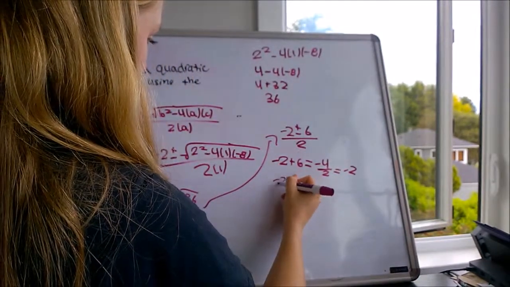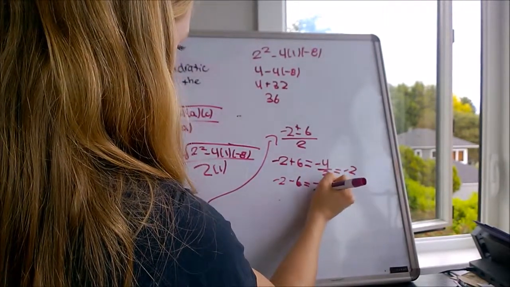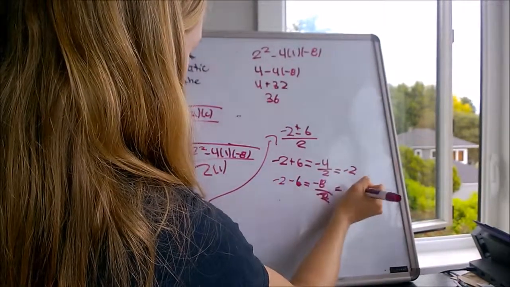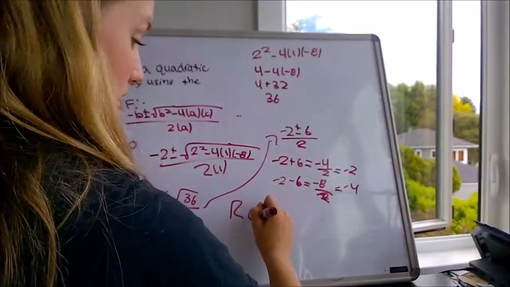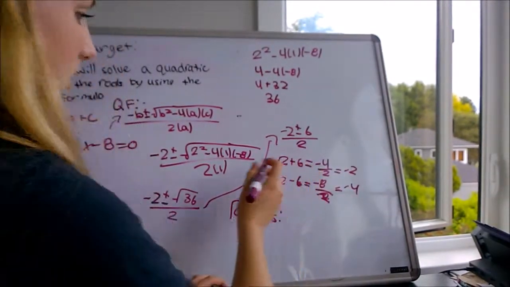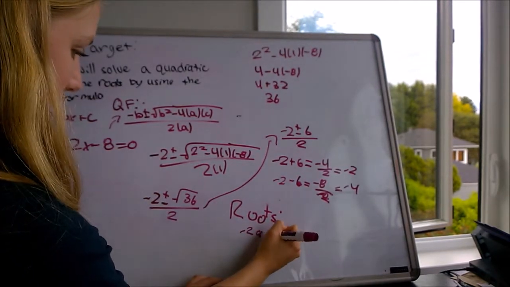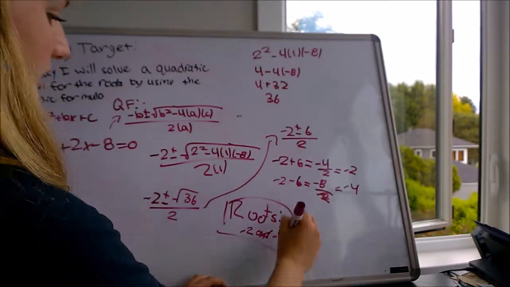Now we can do negative 2 minus 6 equals negative 8 divided by 2 equals negative 4. And our roots are negative 2 and negative 4. That is the final answer.